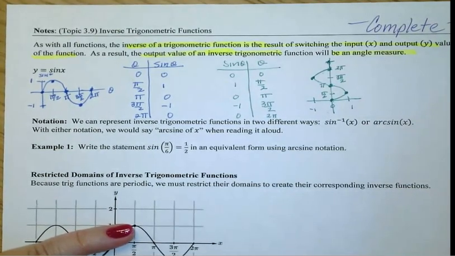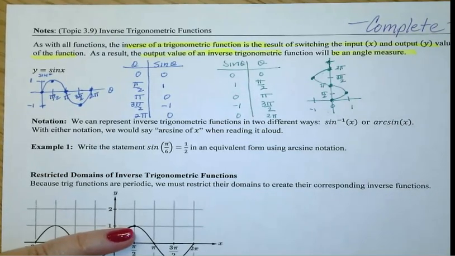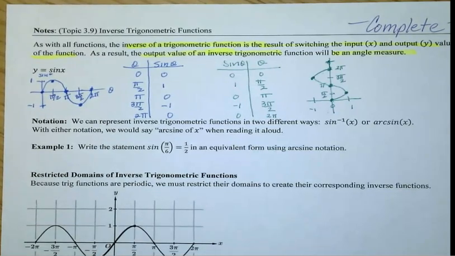We have to address not only the nature of these functions, but the fact that they're periodic functions and they keep repeating. So in order to still use the concept of graphing functions that are inverses, we're going to have to do a little bit of work in restricting and looking at a principal piece of the graph.